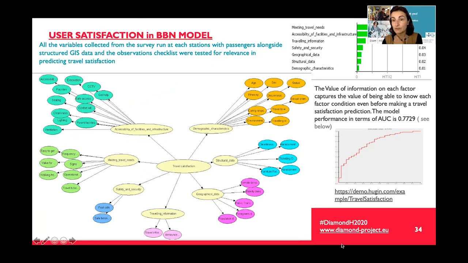Not only that, we also developed a Bayesian network model that brought together all these data sets to identify how, for instance, changing demographic characteristics can impact the forecasting of travel satisfaction. So if instead of taking a generic user, we take a user with certain characteristics like caring responsibility, being female in a certain age group, what is the likelihood of them being satisfied with travel provision as it is now?